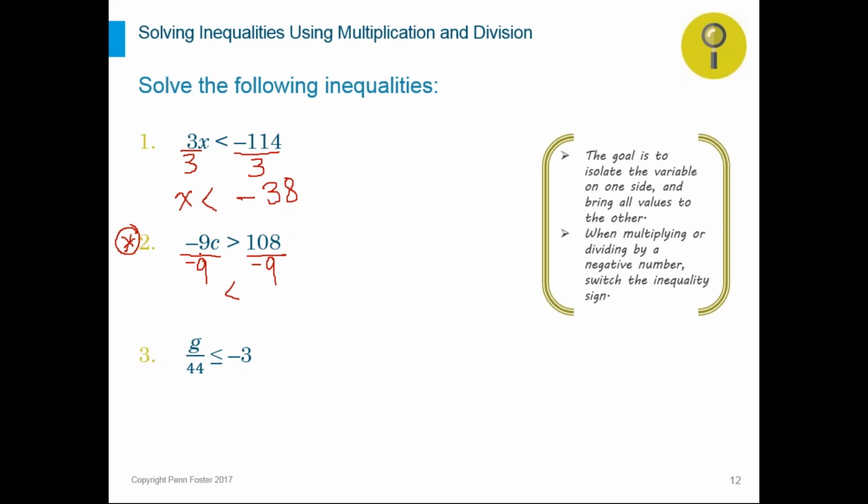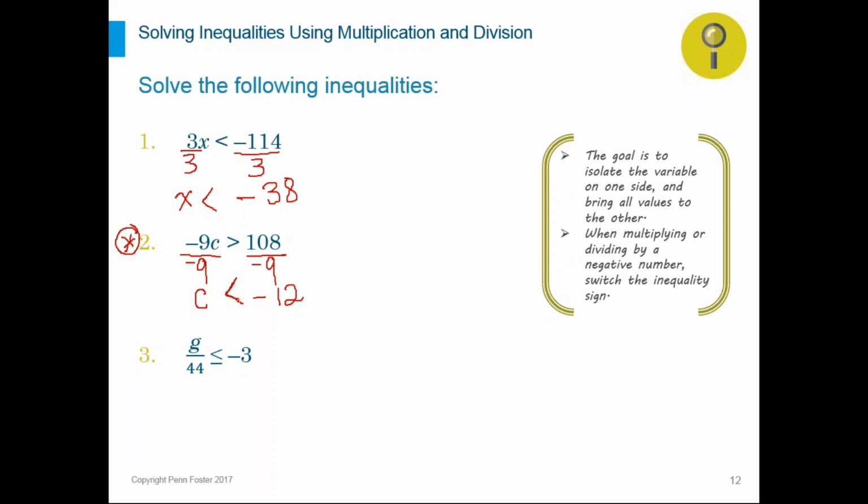Negative 9 over itself is a 1. 1c is a c. And then 108 divided by a negative 9 will give you a negative answer. It's going to be a negative 12. That's it. Now, this is the most important thing. This is the only difference between solving equations and inequalities. Dividing or multiplying times a negative value will switch the inequality sign.